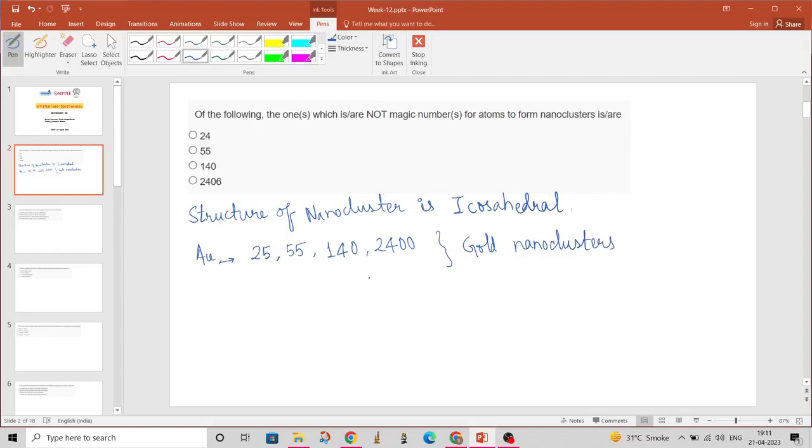These numbers are called magic numbers. Like we had magic numbers for electronic configuration, or in nuclear chemistry, there is a magic number. So these unique numbers which form icosahedron geometry and then form nanoclusters are also called magic numbers.